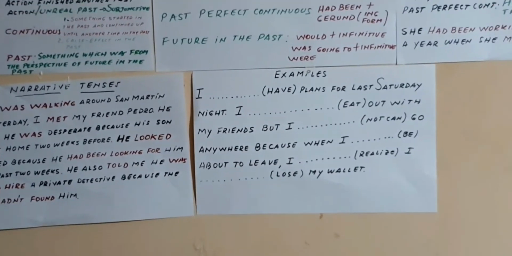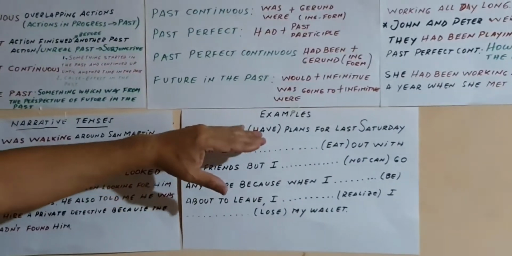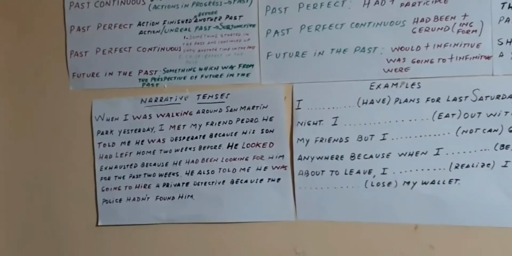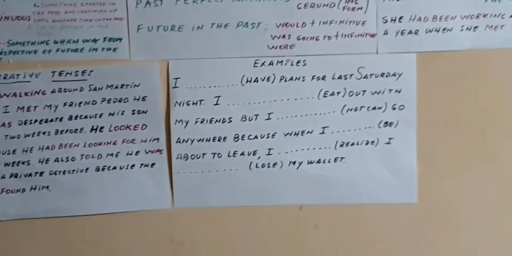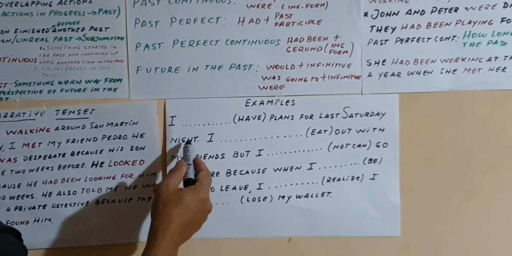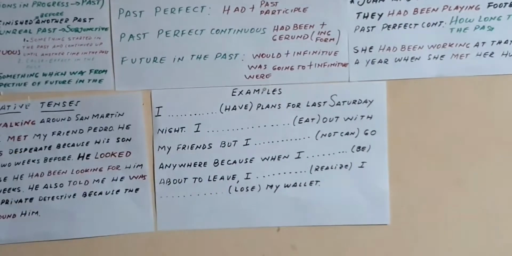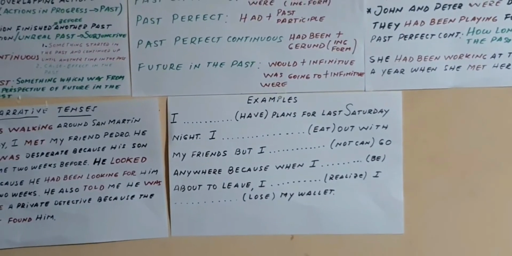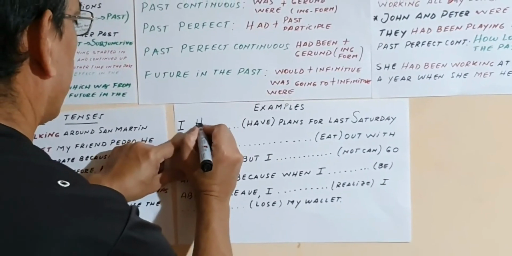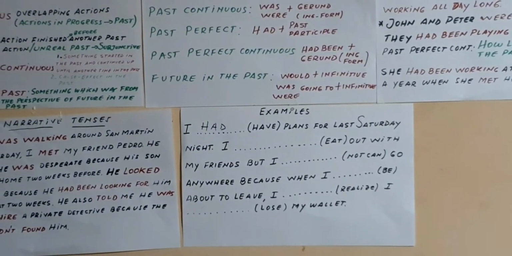So, this is the example that I included here. The example is, I have plans for last Saturday night. I eat out. Well, in between brackets, you've got the verbs. So, in the past, I had plans for last Saturday night.